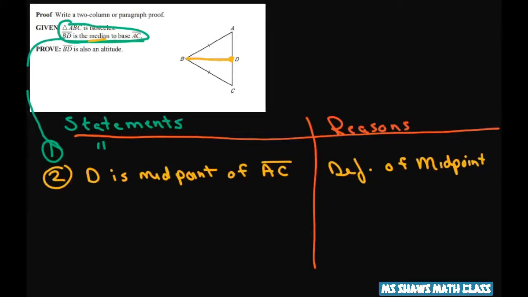All right, so for 3, we know that these two sides are congruent. So AD is congruent to DC. And that's also definition of midpoint.